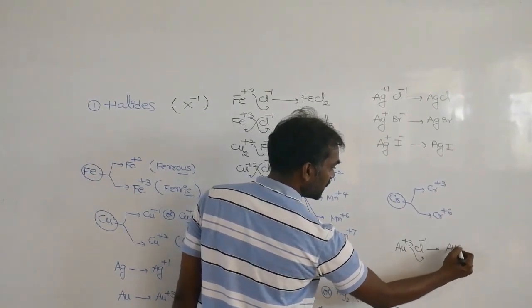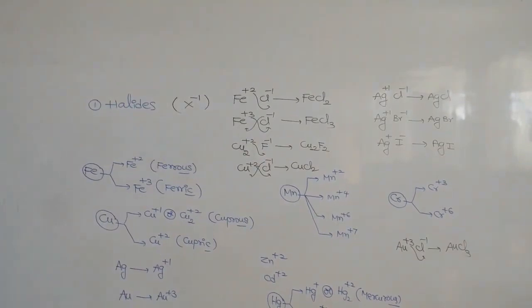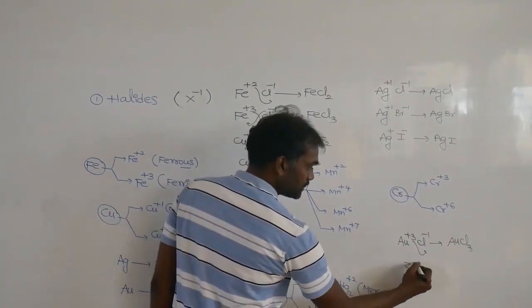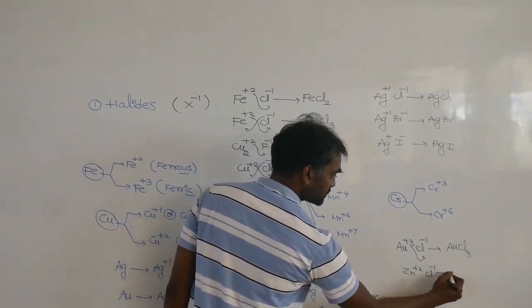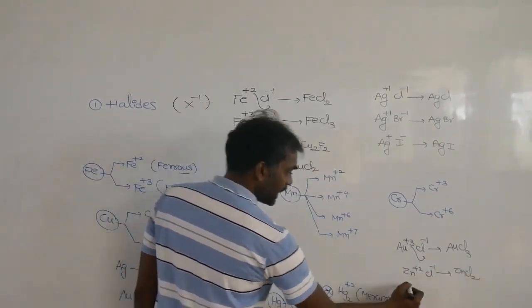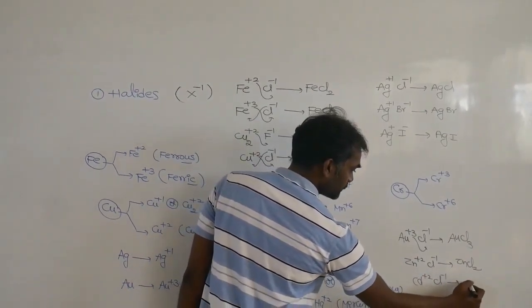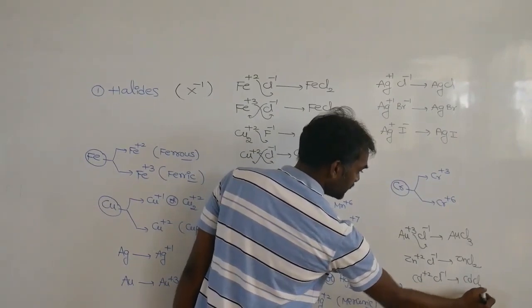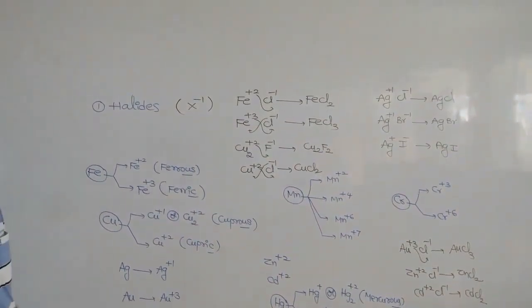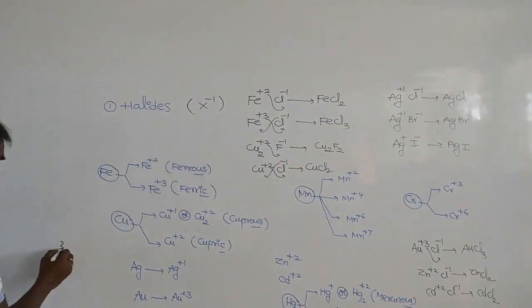So that is AuCl3, auric chloride. Suppose zinc and cadmium. Zinc plus 2, Cl minus 1, formula ZnCl2. Next, cadmium, Cd plus 2, Cl minus 1, so cadmium chloride. If you know the oxidation state of the element, you can easily write all the compounds.